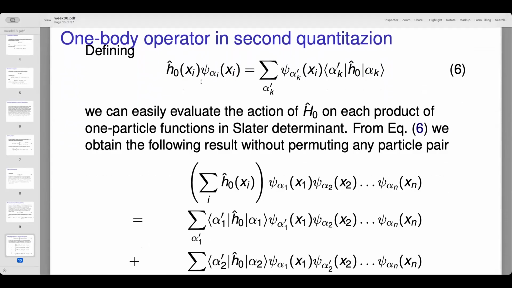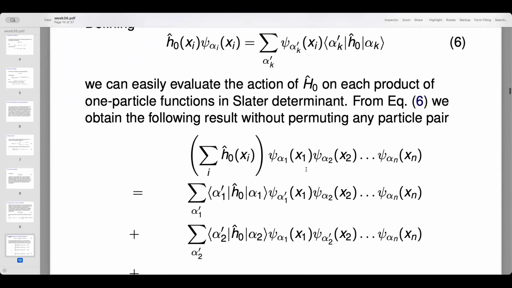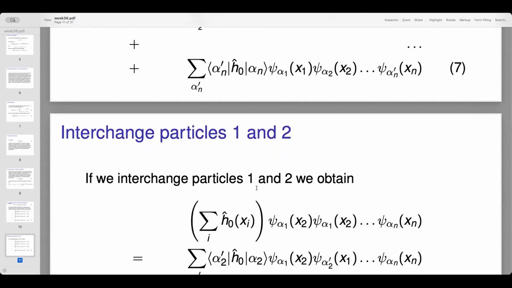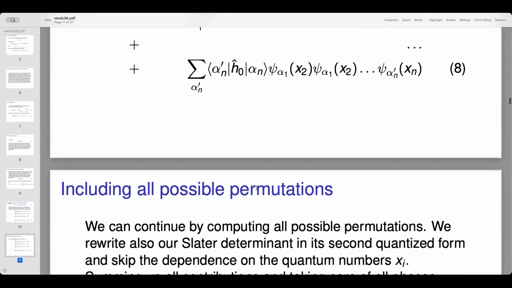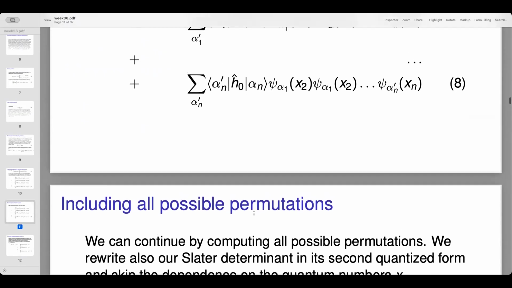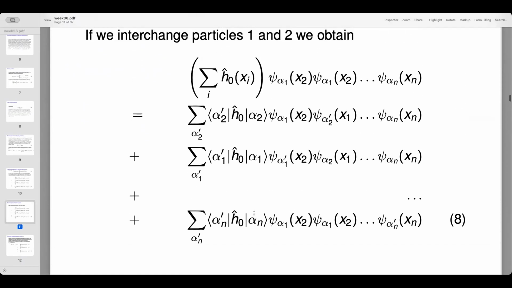And what we do then is use this way of rewriting the operator, and then we let it act on a set of product states which come from the Slater determinant. The first case is without a permutation. And then you remember that in the next case, we can interchange particle 1 and 2, and then we can interchange all the other ones. We can look at all the possible permutations which are available.